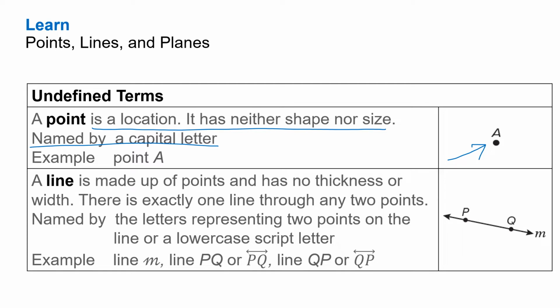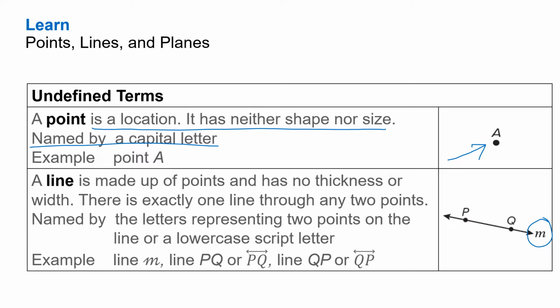A line is made up of points and has no thickness or width. There is exactly one line through any 2 points. We name a line by letters representing 2 points on the line or a lowercase script letter. So if you look in this diagram to the right, the script letter is M. Notice that that script letter does not have a dot associated with it.